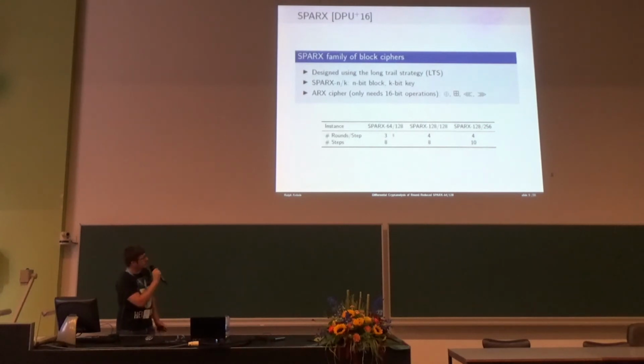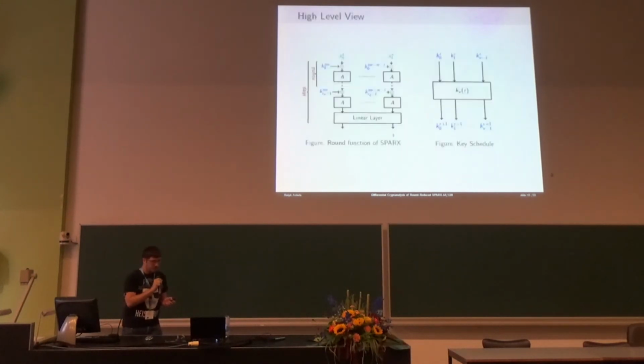What they also have are rounds and steps. For the smaller version, they have just 3 rounds per step, and for the larger versions, they have 4 rounds per step. What I mean with that is exactly this. What they define as a round is 1 layer of these ARX-boxes.